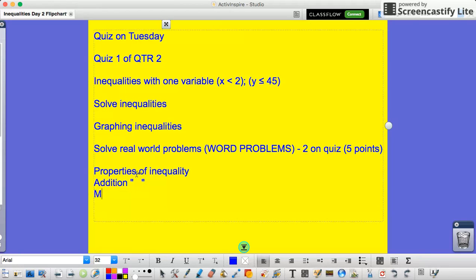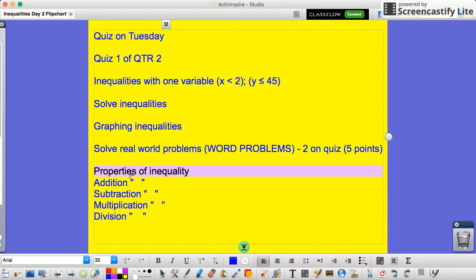If you have to subtract, it's subtraction property of inequality. Same with multiply, multiplication property of inequality, and division property of inequality.